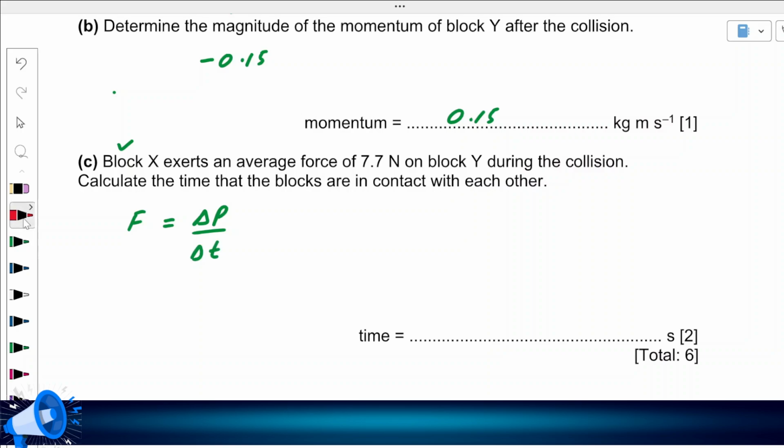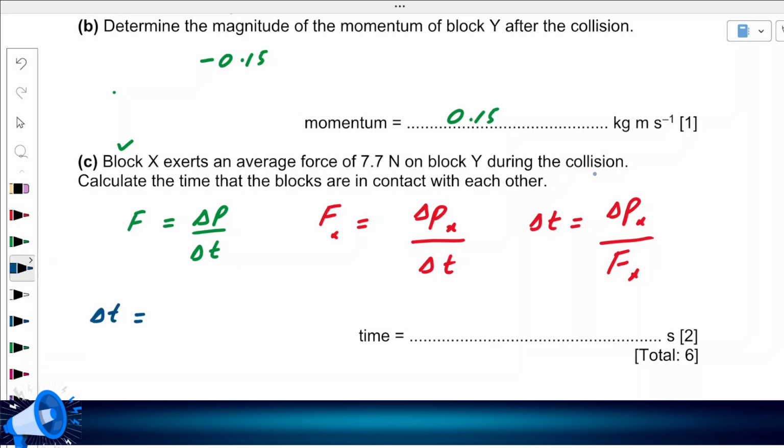We can solve it with respect to the object X, and we can also solve it with respect to the object Y. So it's totally your choice. I'm going to solve it with respect to the object X. So the force exerted by the block X equals the rate of change of momentum of X divided by time. So delta T thereby equals the change of momentum of X divided by the force exerted by X.